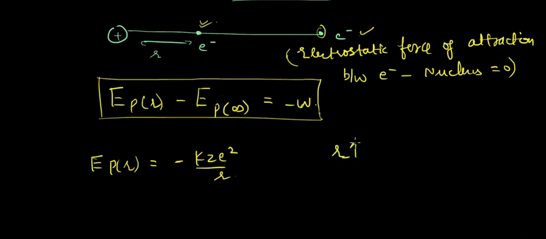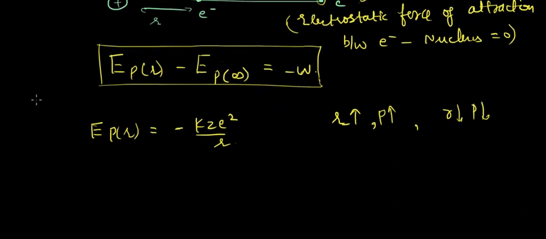As r increases, potential energy also increases, and as r decreases, potential energy also decreases. And minimum energy will be in K shell.